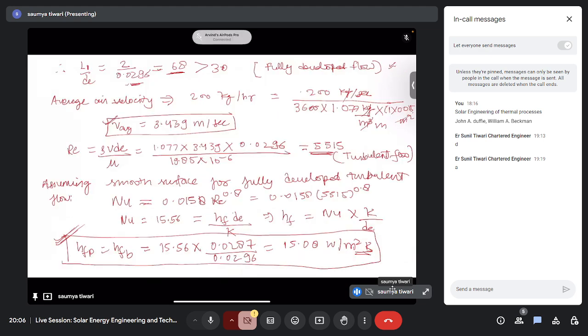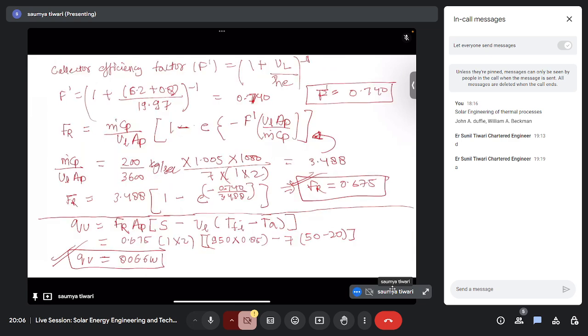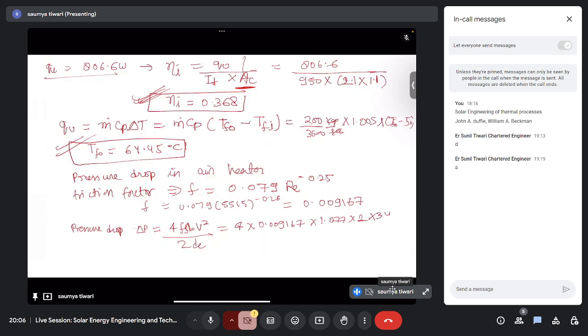The average velocity was 3.439, right? So 3.439 squared upon 2 into your equivalent diameter, which was 0.0296. So we can calculate the pressure drop also. This will be 15.78 Newton per meter square.